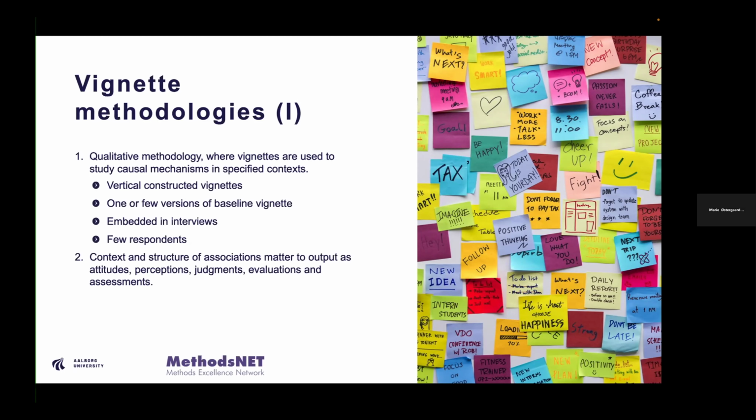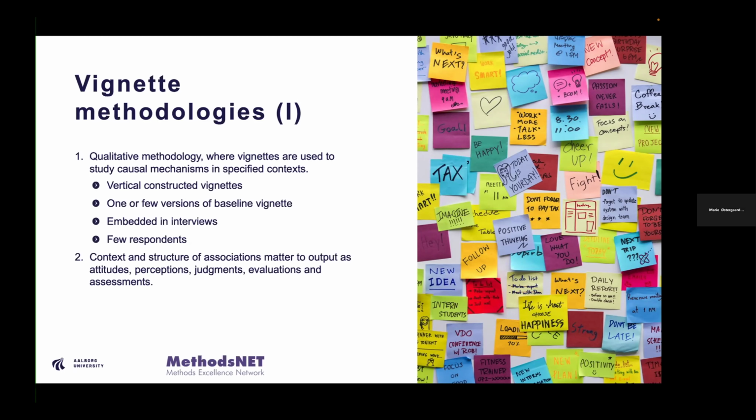And very important also is that besides being used to study causal mechanisms in specific contexts, it's also used as a way to make context and structure of associations matter to outputs such as attitudes, perceptions, judgments, evaluations, and assessments.